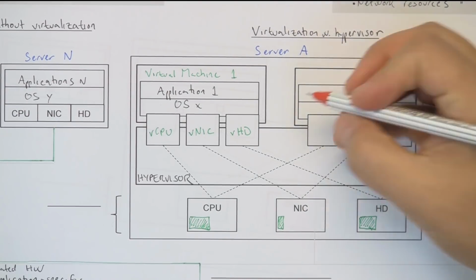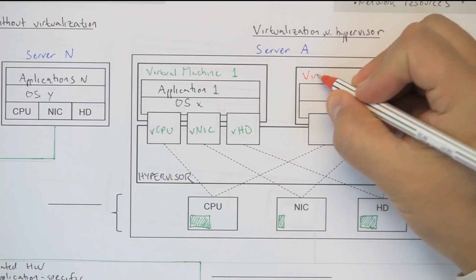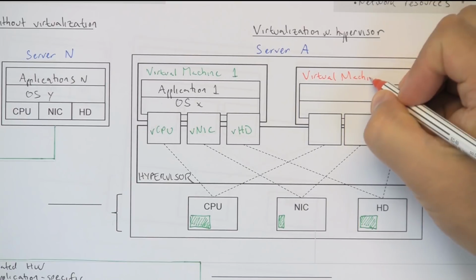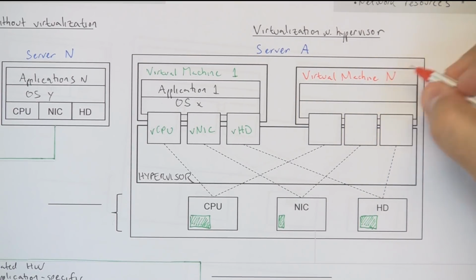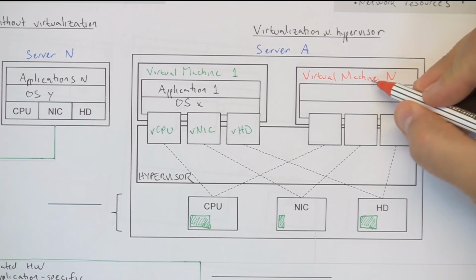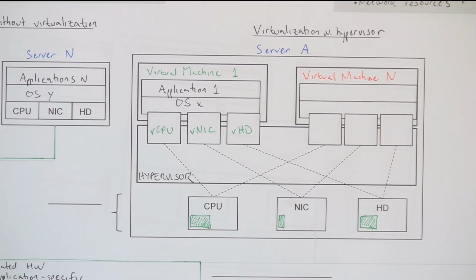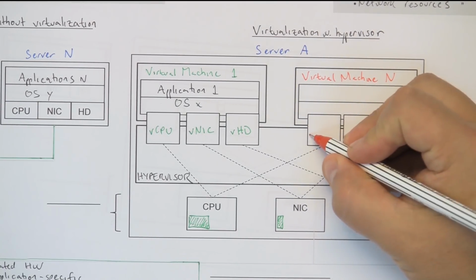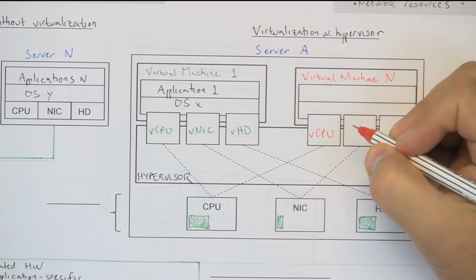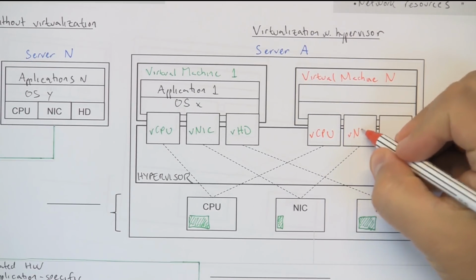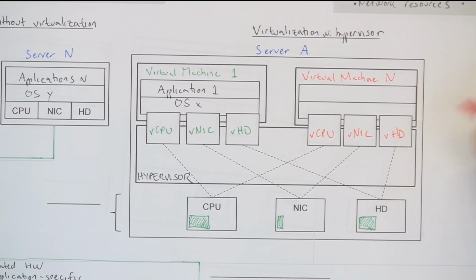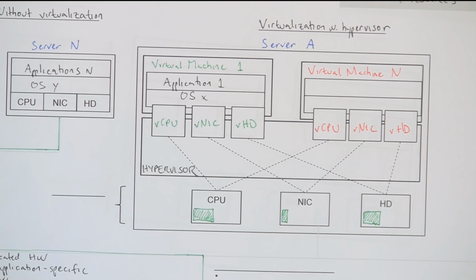And someone else is virtual machine N. That's an ugly N. There you are. Virtual machine N. It has its red virtual CPU, its red virtual network card, and its red virtual hard drive, like so.